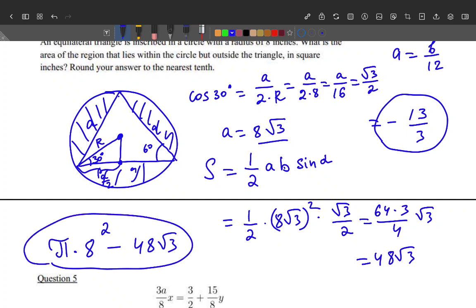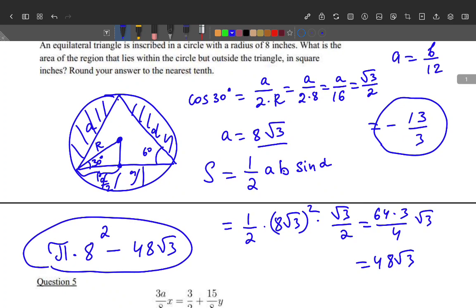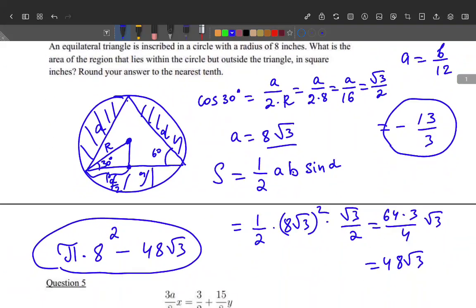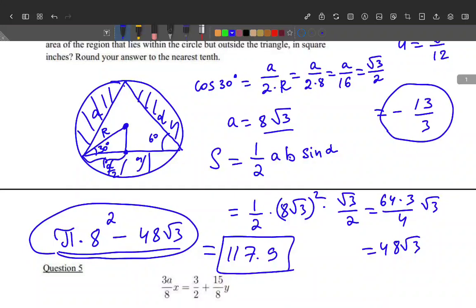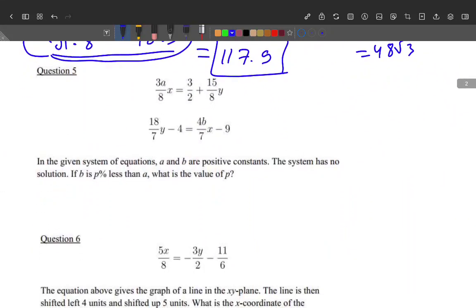It will be the answer. If you calculate this and you find, it is fourth question, yes, if you round your answer to the nearest tenth, you get this result. It is the rounded answer, actually equal to this. You can use decimals here also.